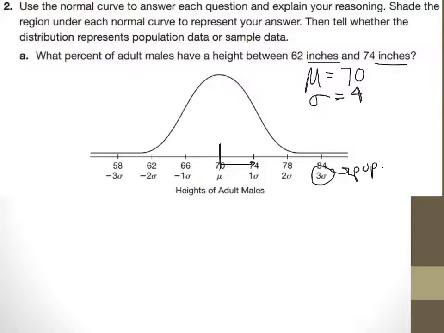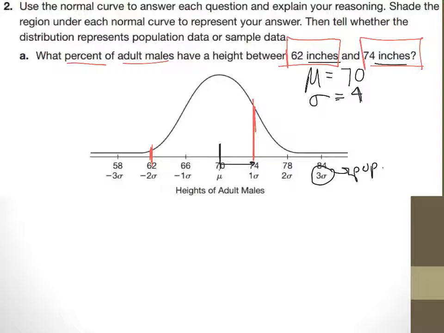Alright, so they specifically want us to find the percent of adult males who are between 62 inches tall and 74 inches tall. If you notice, 62 inches is right here, 2 standard deviations below my mean, and 74 is right here, 1 standard deviation above my mean.